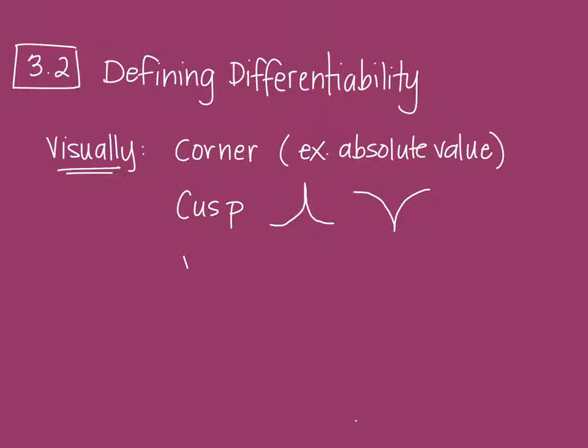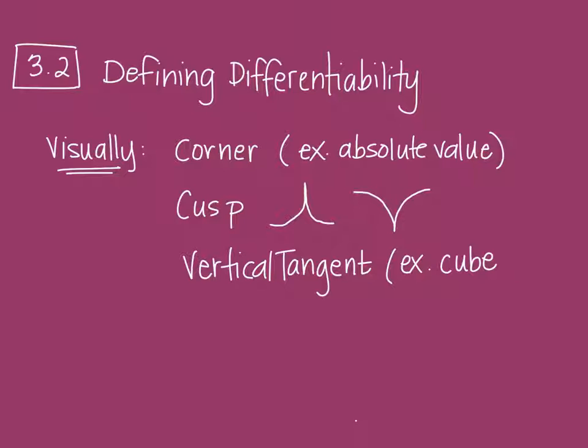Okay, and the last one, which is a visual cue, is a vertical tangent. Okay, an example of that would be a cube root. Because a cube root, although it's a continuous function, has a spot where it has a slope of infinity.